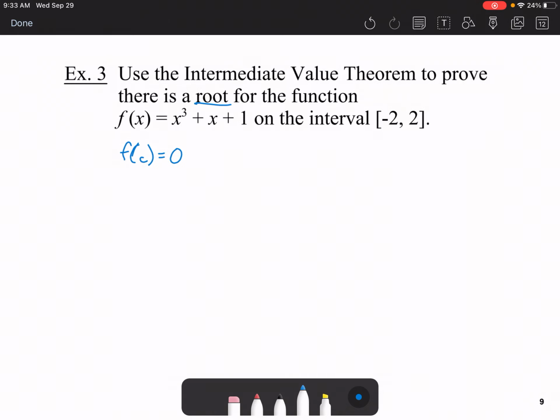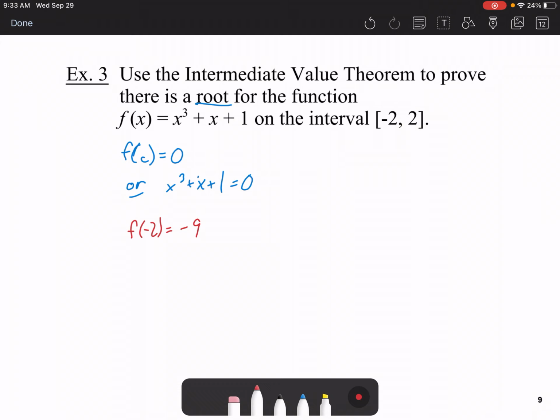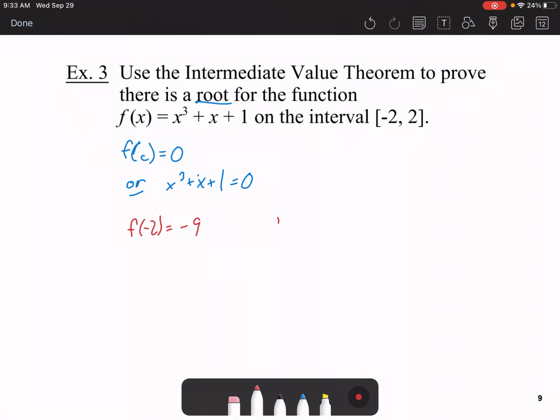Or if you wish, x cubed plus x plus 1 can equal 0. Well, first of all, f at -2. If we actually substitute that value in, we work it out, and we get a value of -9. If we work out f at 2, you get the value of 11.